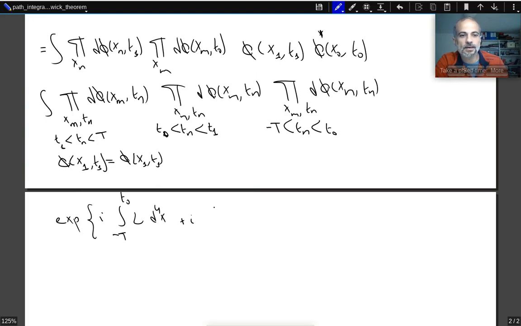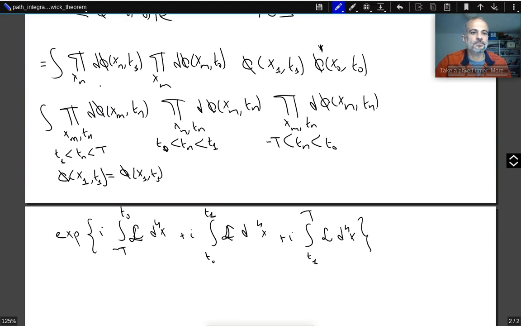Then we have i integral of the Lagrangian density from the time t0 up to t1, corresponding to this integral, and then we also have plus i from t1 to T of L d4x corresponding to these integrals over here.